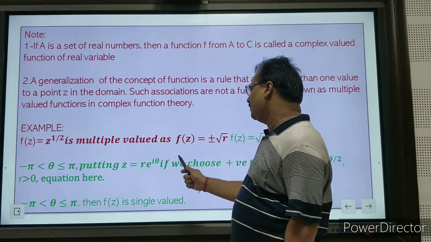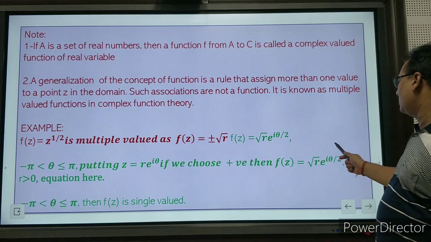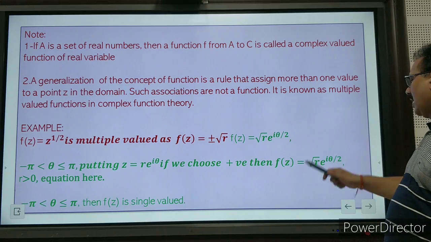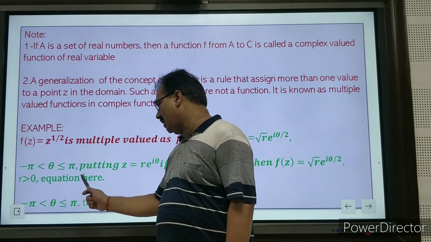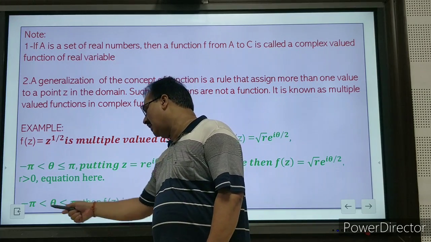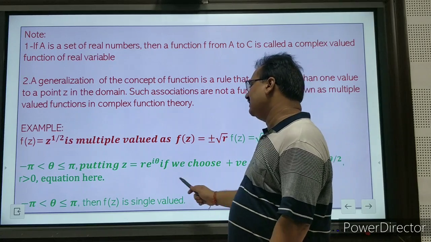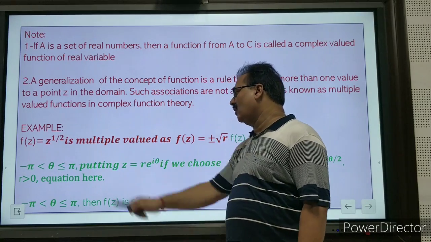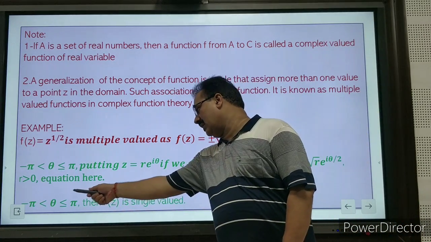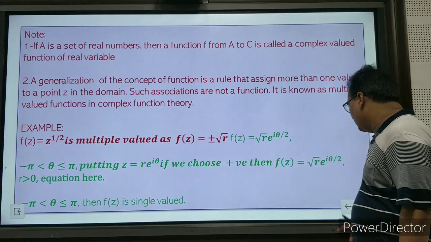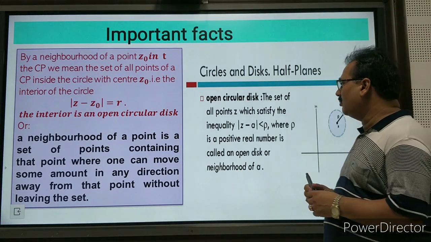Putting z = r e^(iθ), if you choose only the positive term, then you can write square root of r e^(iθ/2). Here r is positive. When θ lies between -π and π, then f(z) is single valued. Otherwise, it is multiple valued. It is single valued only when we consider this range. In this way, you can define a single valued and a multiple valued function.